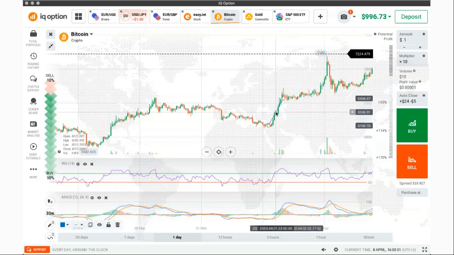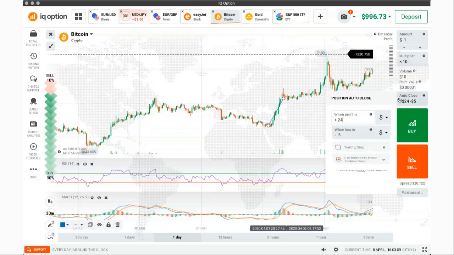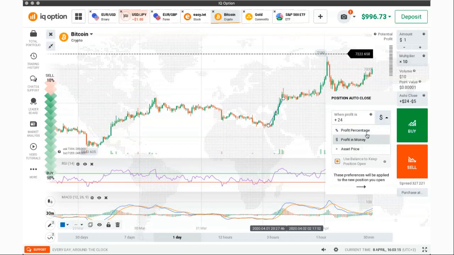Now, I can find you an upside down one. I can find you falling points, but I just want to show you how a trailing stop will work. Imagine this amount here, and you can see the trailing stop when you click it. Again, you can pick either money or profit or the price. If I went to percent, because I like to calculate everything to the T, and I said 5%, okay?